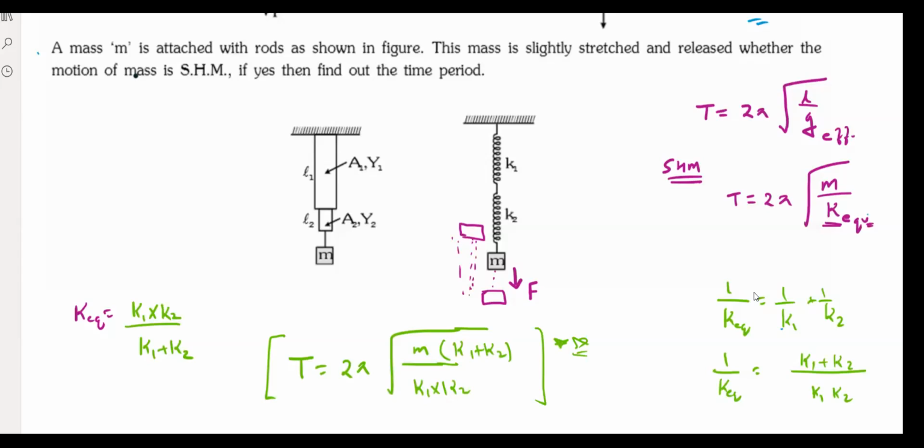Yes or no? This is a direct formula which will be used. Okay, sorry guys. Does everyone understand this? Yes, let's go.